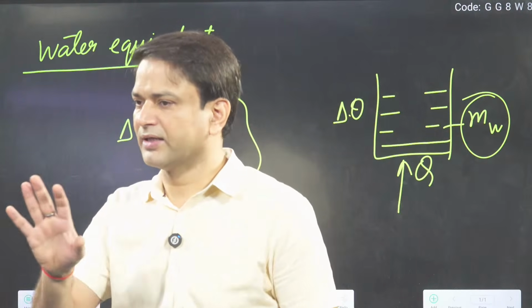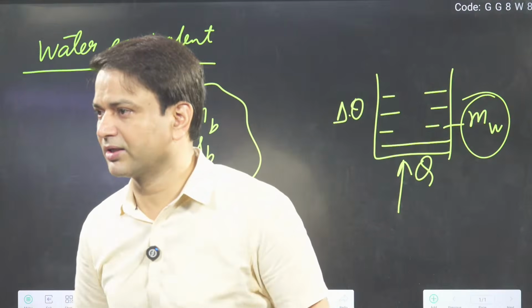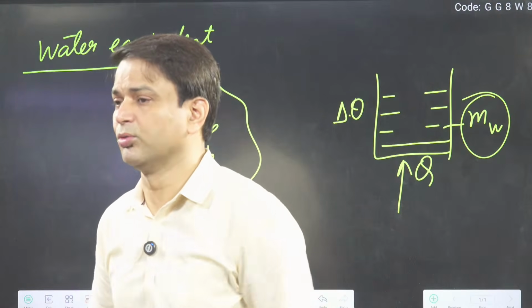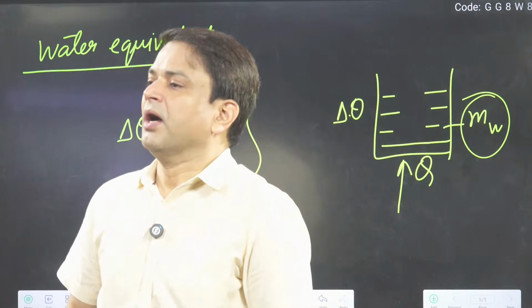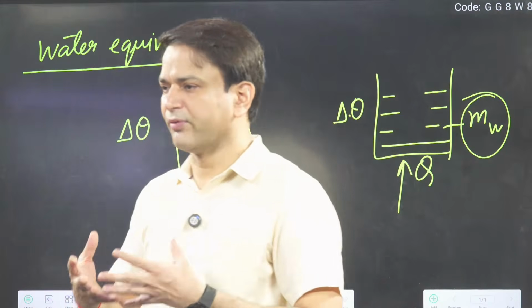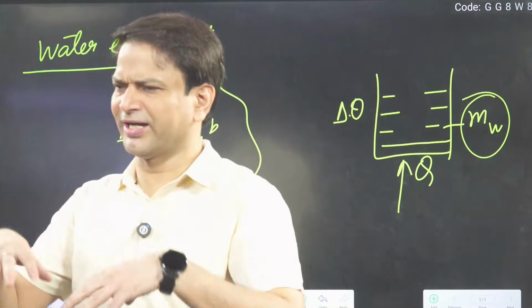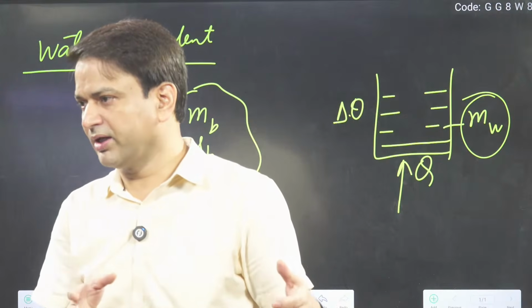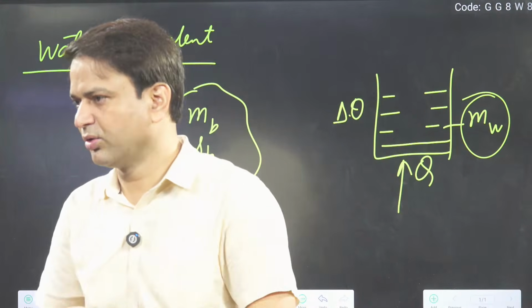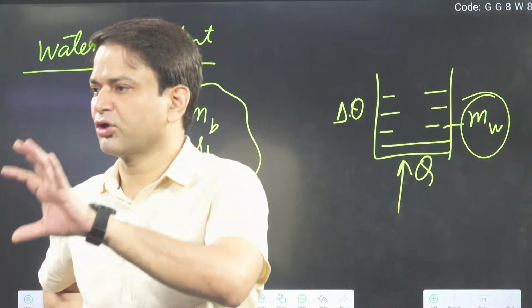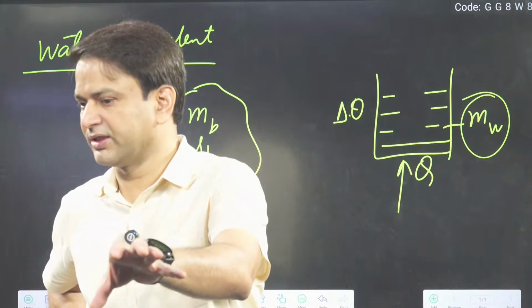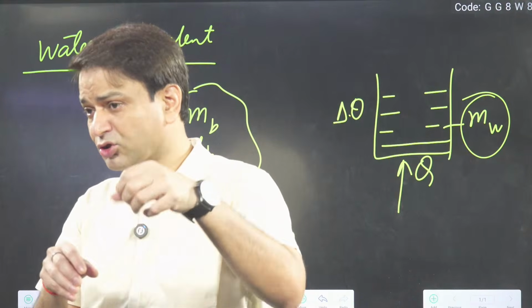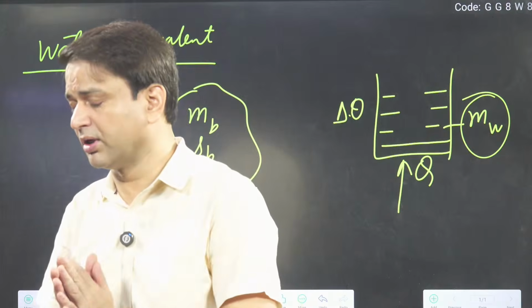Okay, I think everybody gave the right answer. That is MW. Now listen. Suppose I want to increase the temperature of any body by 2 degrees C, but I don't know the mass of the body, and I don't know the specific heat of the body.